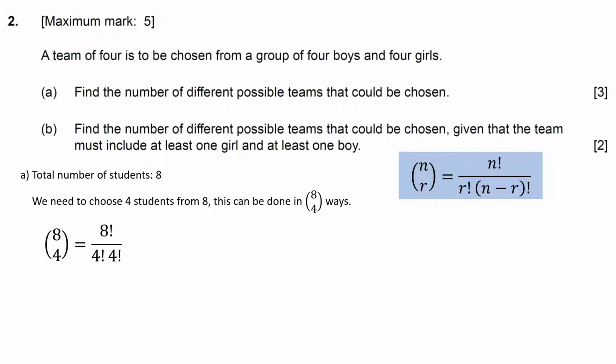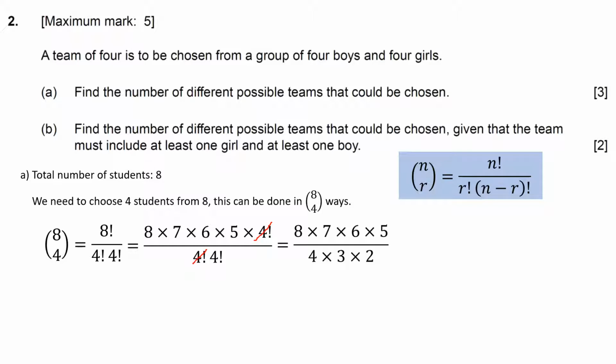So the calculation is relatively simple, especially if you look at some shortcuts that can be done. So for example, 8 factorial can be written like 8 times 7 times 6 times 5 times 4 factorial, and then these 4 factorial can cancel with one of these other 4 factorials, and then this becomes a calculation which is simpler now.